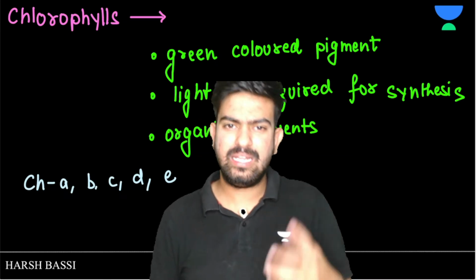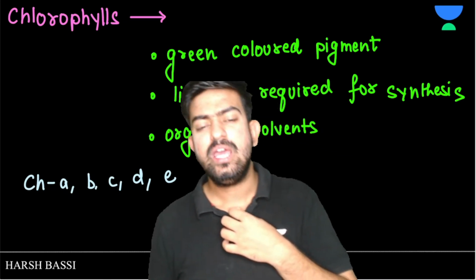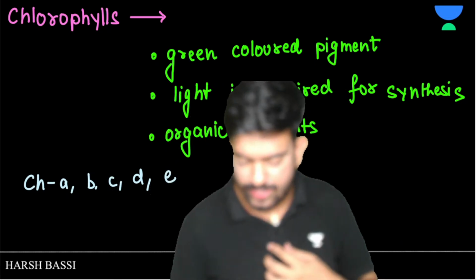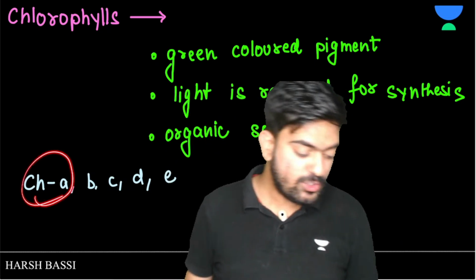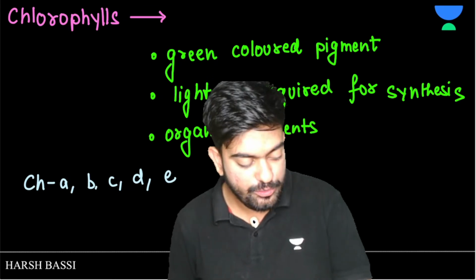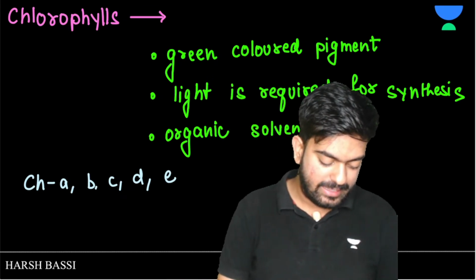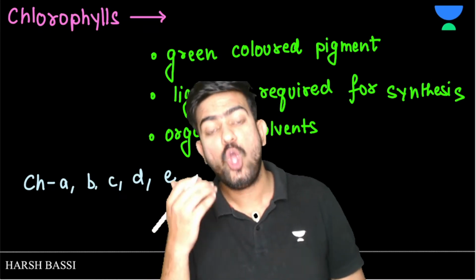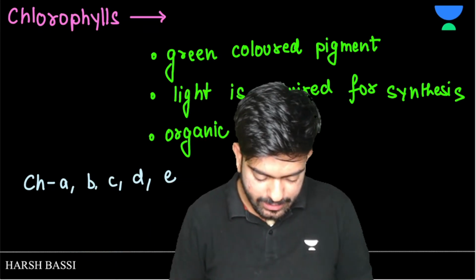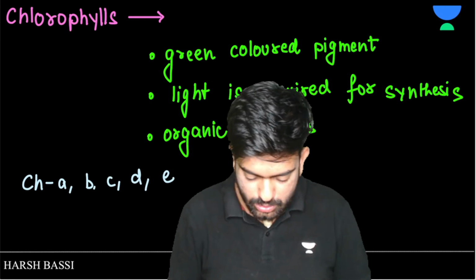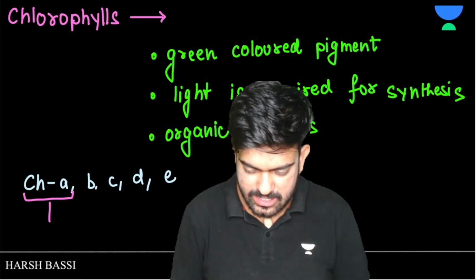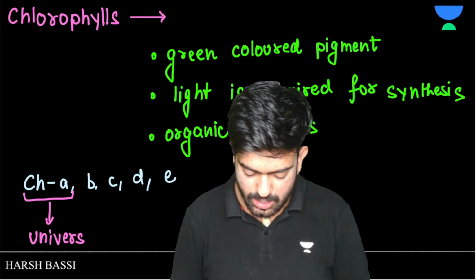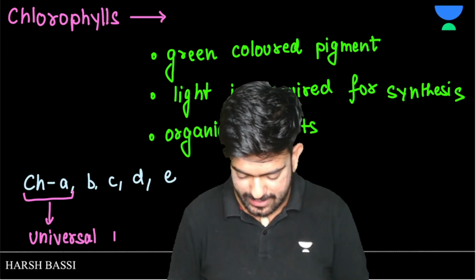The answer to this question will be chlorophyll A. Chlorophyll A is a universal pigment and it is present in maximum amount, found in all the photosynthetic organisms. So chlorophyll A is the universal pigment. Clear to everyone?